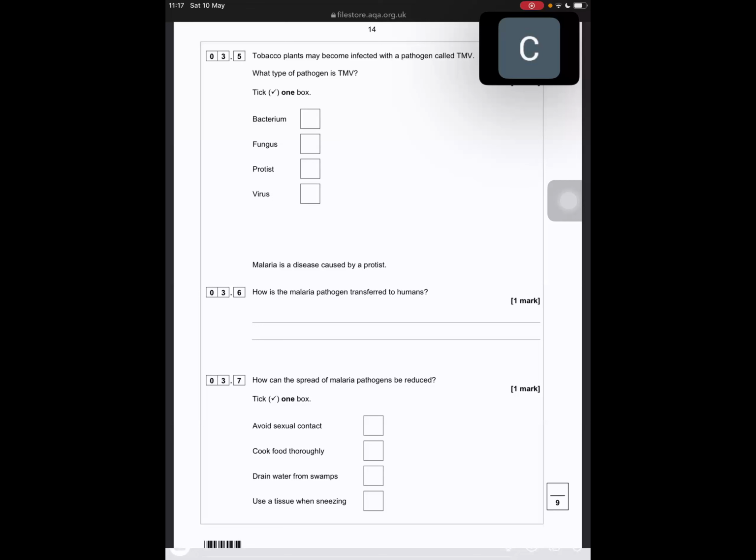So wherever there is water around, the female would find it a good ground to lay her eggs and start the growth process for the next generation of mosquitoes. So yeah, that's how to control the spread of malaria pathogens.